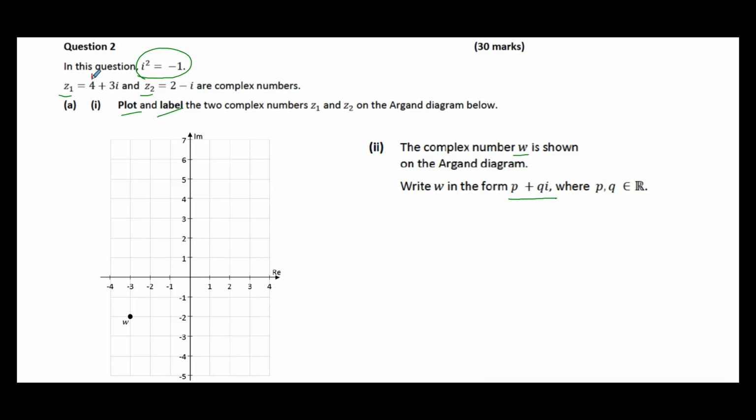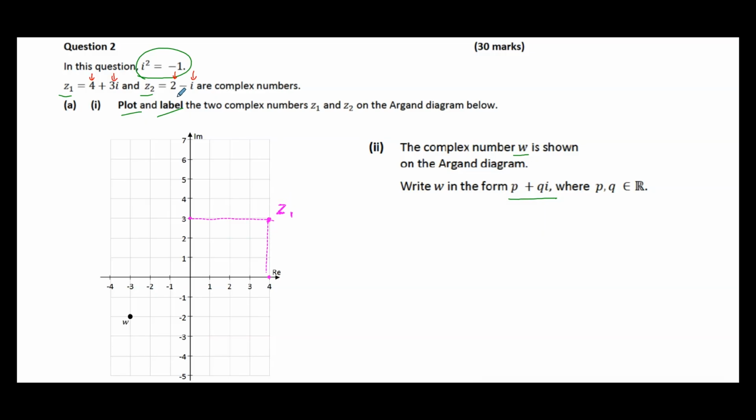The first value, that's the real value, and the second value, that's the imaginary. So the real value on our real axis, we have 4, and then we have imaginary on the imaginary axis, that's 3. So where those two lines meet, that's where we have our complex number, and in this case, that's my Z1.